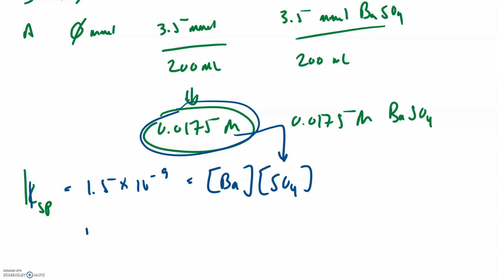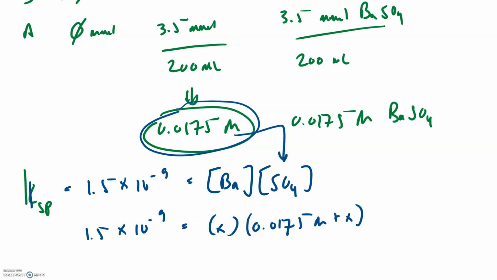So if 1.5 times 10 to the negative 9th equals x times x, and we could solve for x just like we did in the first set of problems, we've already got some sulfate in solution. We've already got 0.0175 molar sulfate in solution, this guy right here. So we're going to just put this in here, 0.0175 molar. And of course, we would add that to x.